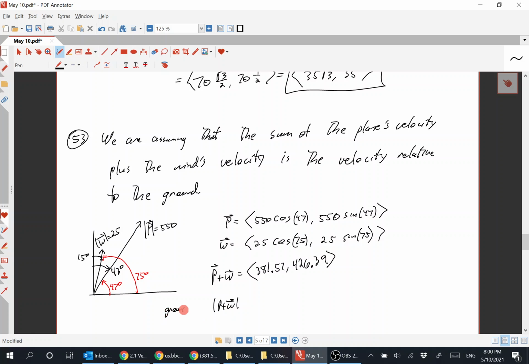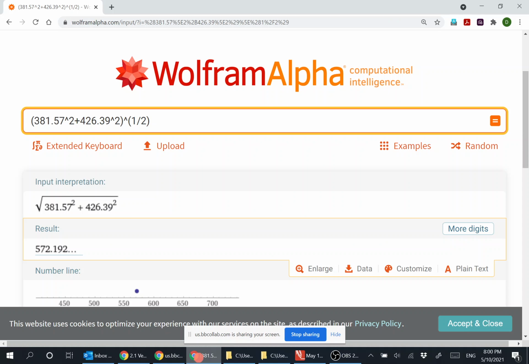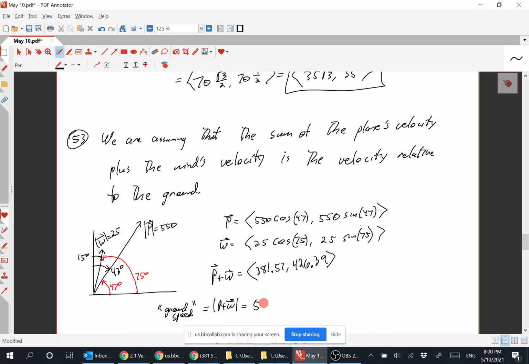So ground speed is the length of that velocity vector, and that was 572.19 miles per hour. Right, so it was going 550 miles an hour, but the wind is kind of at its tail, so it gave it a little bit of a push. It didn't get the whole 25 along with it, just like 22 and a bit from the 25.